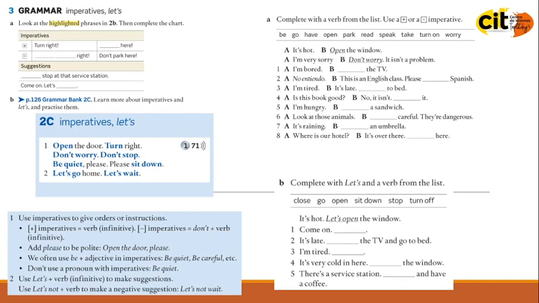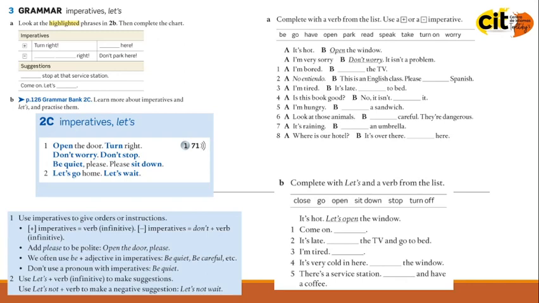So we use imperatives to give orders or instructions. Remember that to express orders, commands and suggestions, we use the verb in infinitive. For affirmative form, we do not use a subject, and then for the negative form, we use don't for all the pronouns and the verb in infinitive, okay?